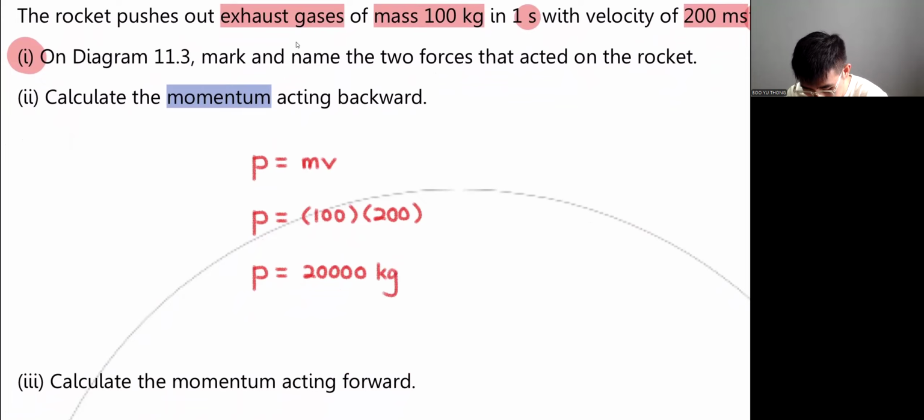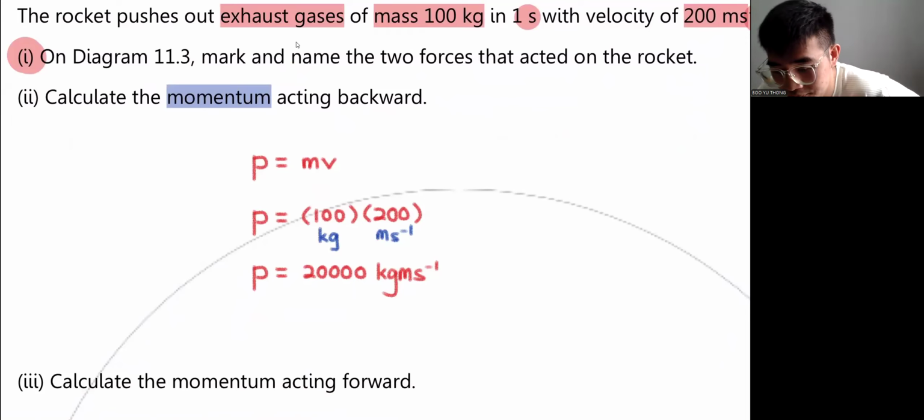No need to memorize. As long as you remember the formula, you will remember the unit. Because just now you were using 100 kg multiplied by 200 meters per second, and because they multiply each other, just combine their units together. Kg meter per second.